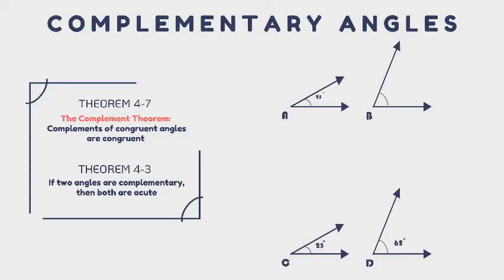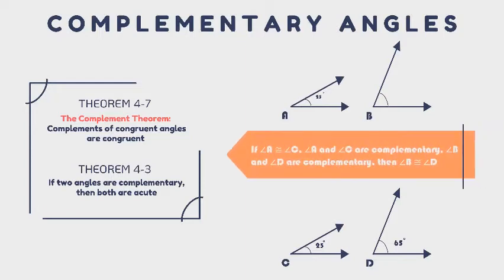Based on given, angles A and C are congruent because they have the same measurement. If angle A is congruent to angle C, and angle A and angle C are complementary, and at the same time, angle B and angle D are also complementary, then we can say that angle B is congruent to angle D.